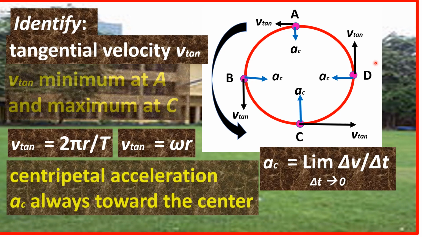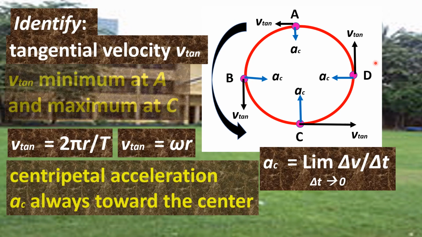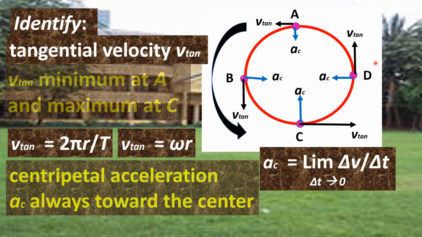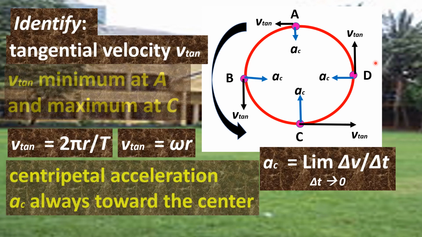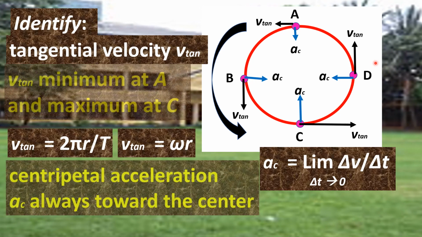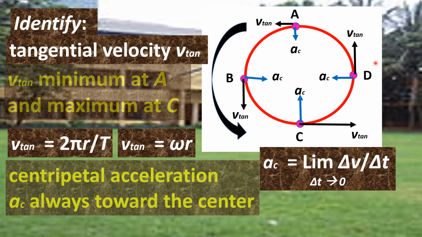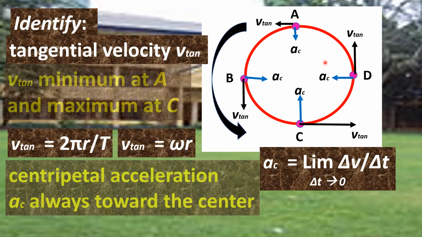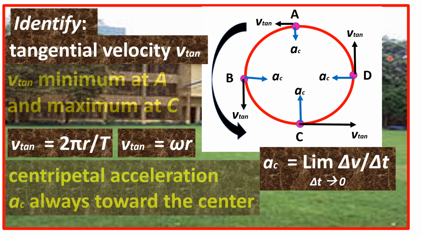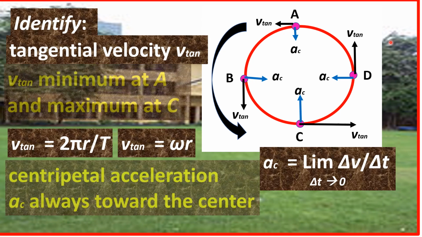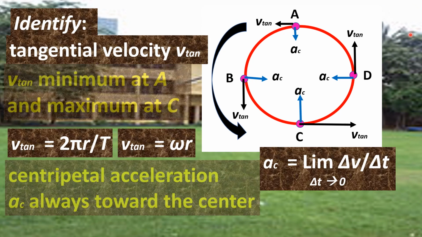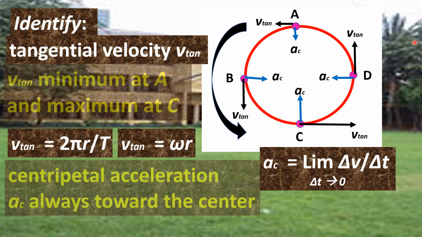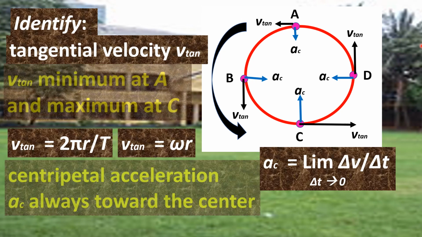The centripetal acceleration, a sub c, arises due to the continuously changing direction of the tangential velocity, and mathematically, we can define the magnitude of this instantaneous acceleration to be the limit of delta v over delta t as delta t approaches 0.